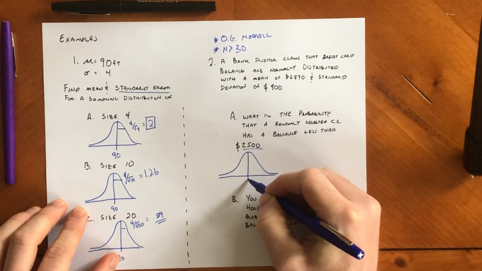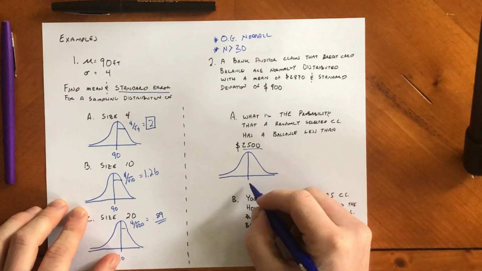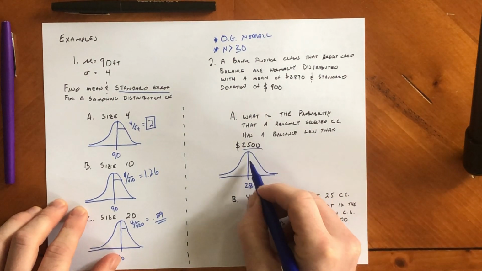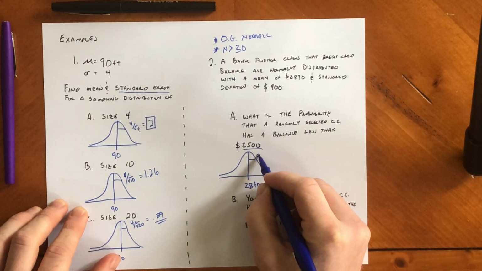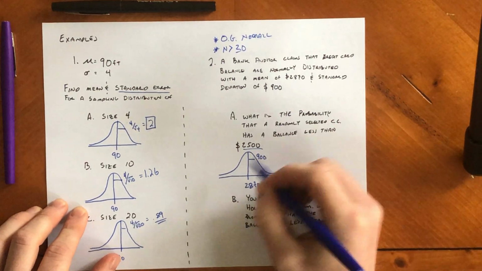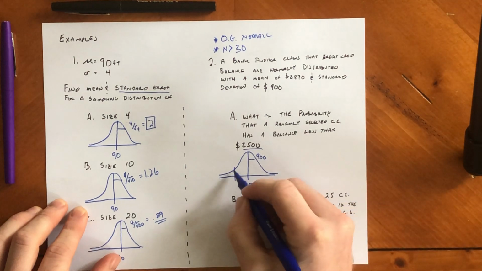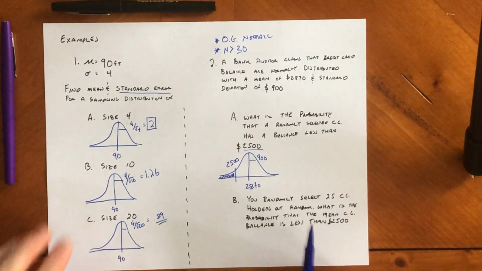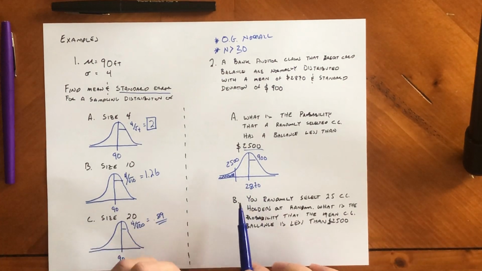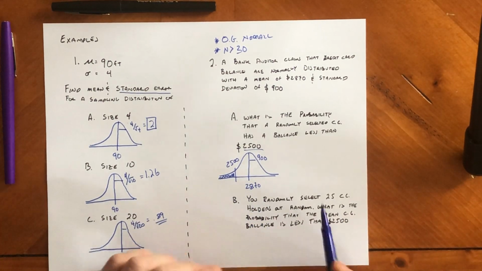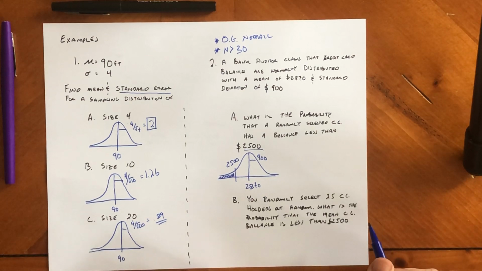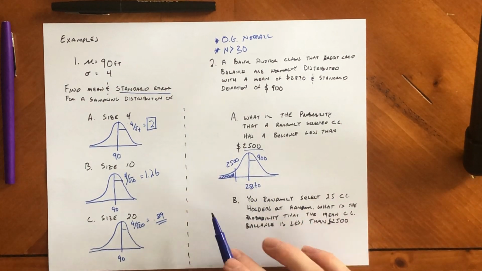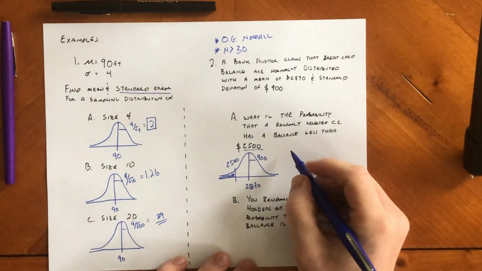2,870 goes in the middle, and then the standard deviation here is going to be 900, and then this number right here is going to be 2,500. We want to figure out the probability that we're less than 2,500. You can do this a couple different ways. If I were doing this with the calculator, you could find the z-score and then work backwards.